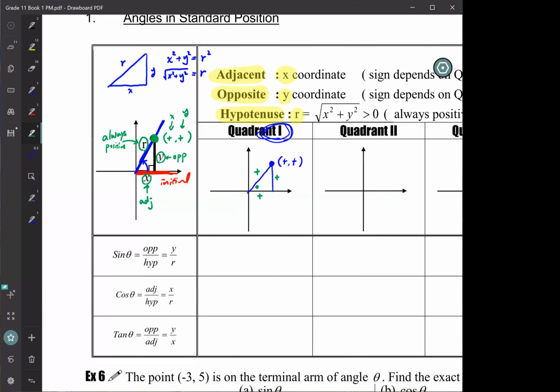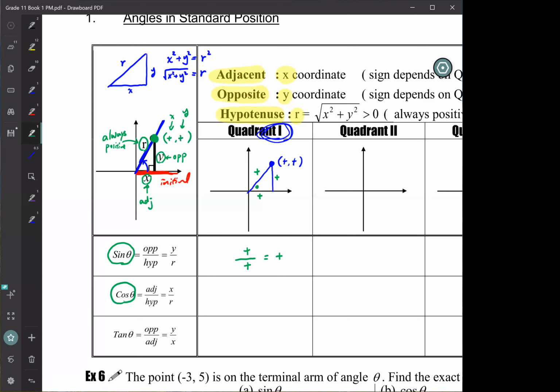So now we know the sign of the sides, okay? They are all positive. So when we do the sine ratio, the first one is opposite over hypotenuse, right? So opposite is positive, over hypotenuse also positive, so you end up with positive. Okay, so that's if the angle is in the first quadrant. And then the cosine. Cosine is adjacent.